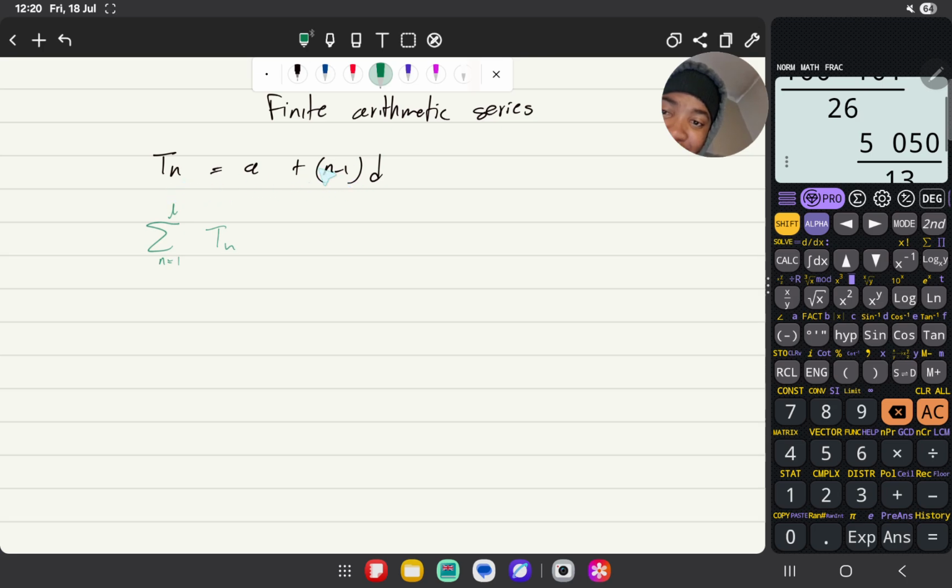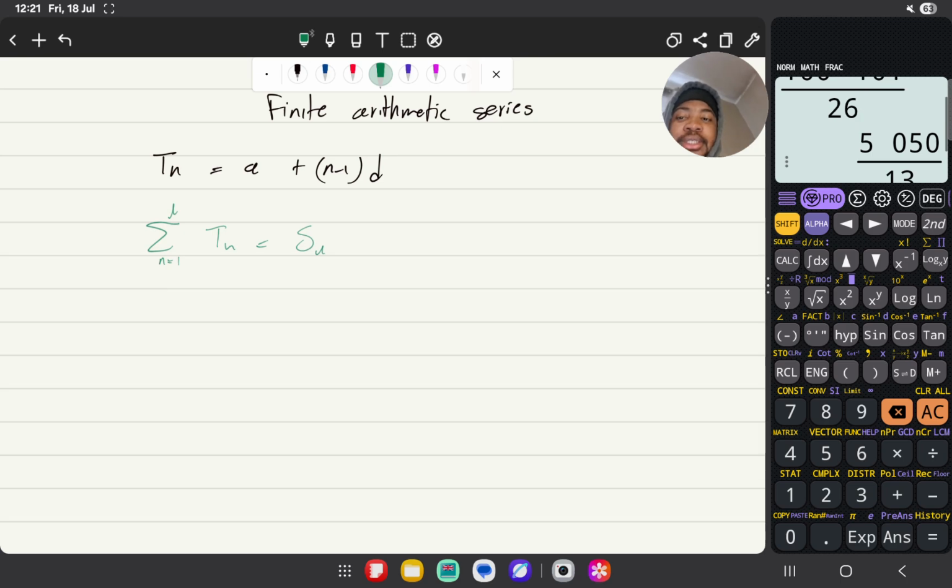If we are starting from term number 1 and going to L, we are basically trying to find S what? SL, so it's the sum of the first L terms.